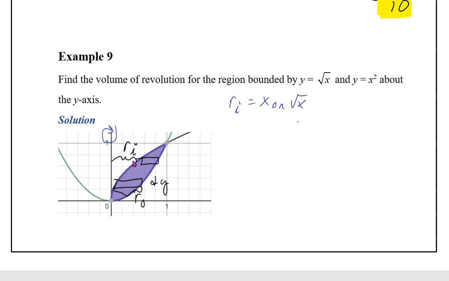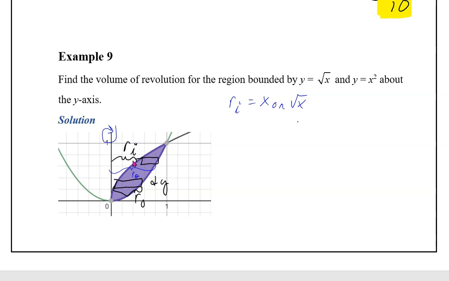Now this is going to be a bit of a problem because our equation is solved for y and not for x. You'll see in a moment what we have to do to switch this around. The short answer, of course, is take this equation and solve it for x. For our outer radius, we will need to go from the axis of revolution to the farthest end of the strip, which is out here.